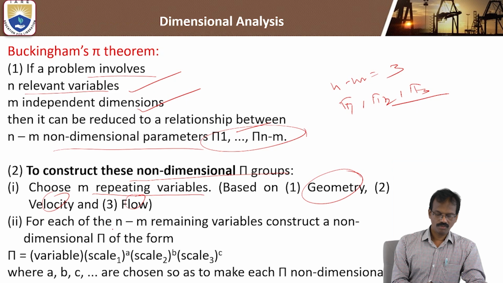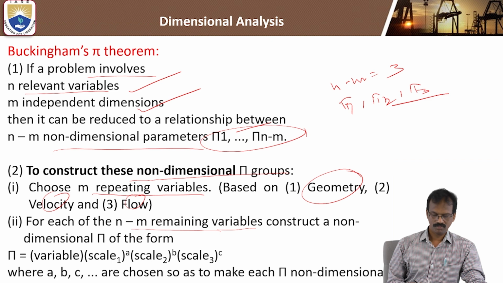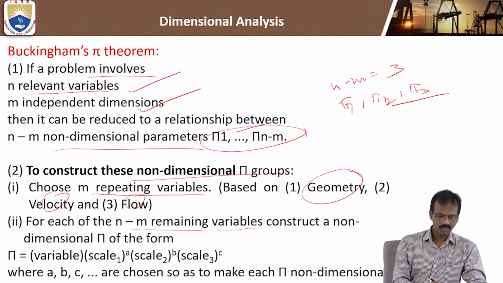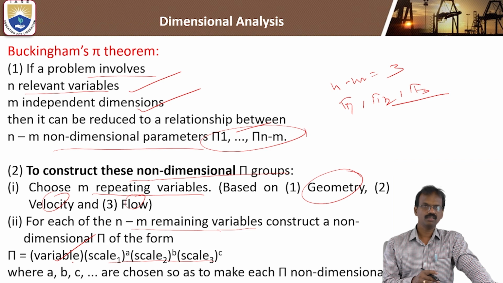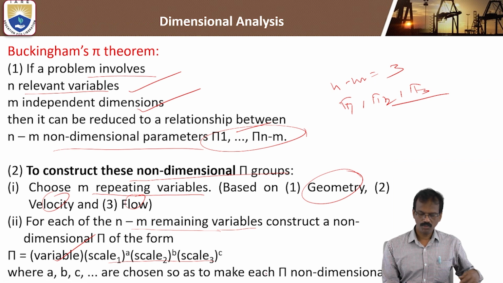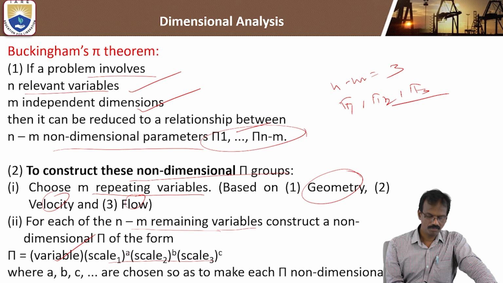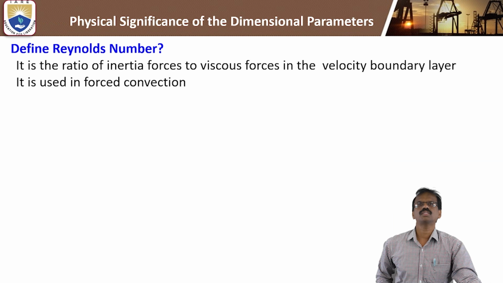For each of the remaining variables, construct a non-dimensional pi term. So we take the repeating variables, scale 1, scale 2, scale 3, in every pi term, and in every condition the other variable will change. Here A, B, C are chosen to make each term non-dimensional. For solving purposes, we take A, B, C as the powers.